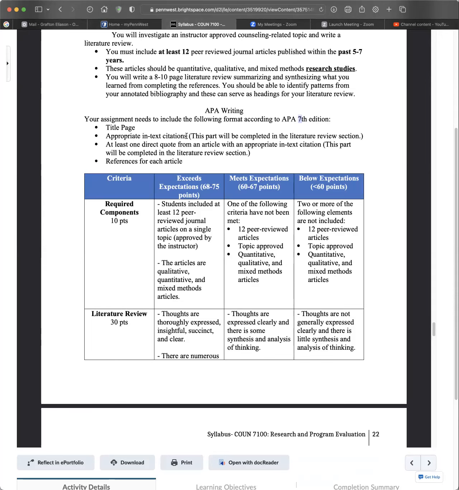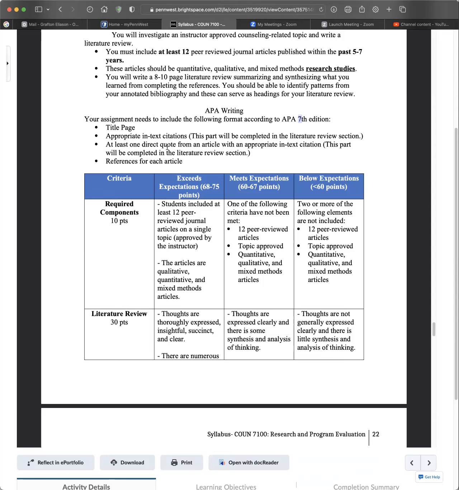It could be quoted and cited, but I don't want long, paragraph-long quotes. A sentence or two, maybe a few statistics, short citations. The goal is not to cite a paragraph of somebody else's writing. Most of this should be your writing or your paraphrasing, a study you looked at, an article you looked at.